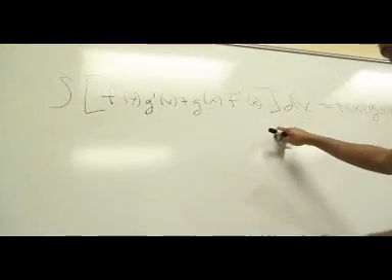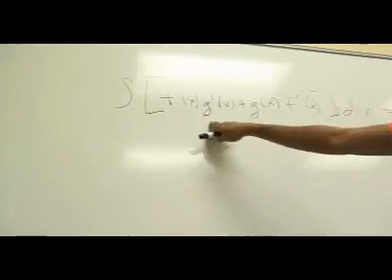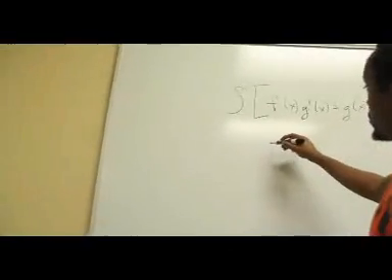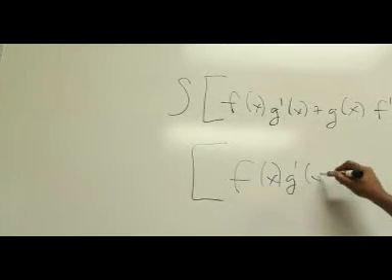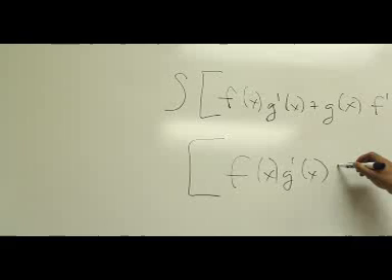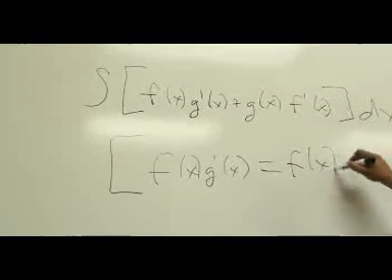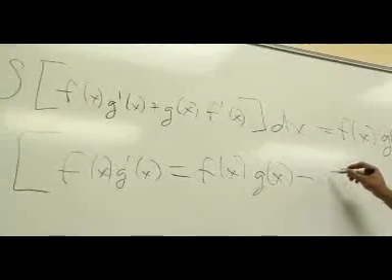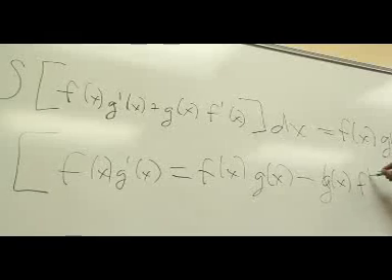This is the product rule, and now we have to solve for this function all the way on the left to make our integration by parts formula. This would be the integral of f of x g prime of x equals f of x g of x minus the integral of g of x f prime of x.